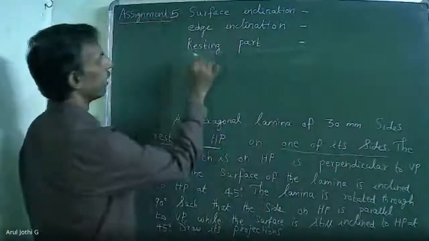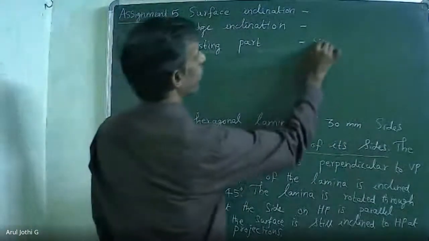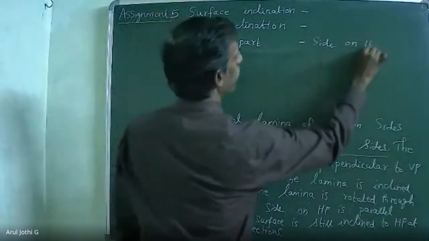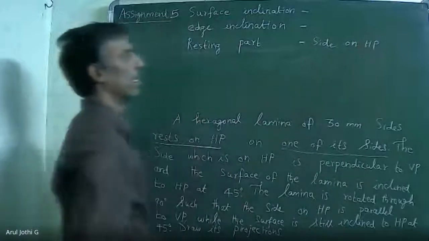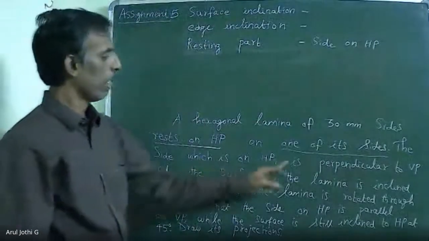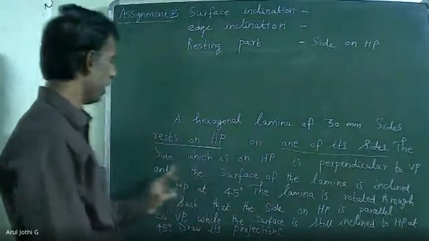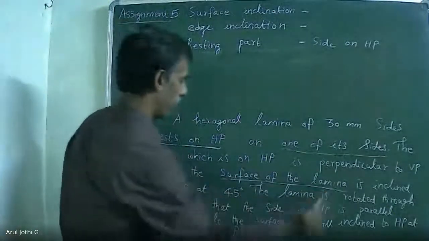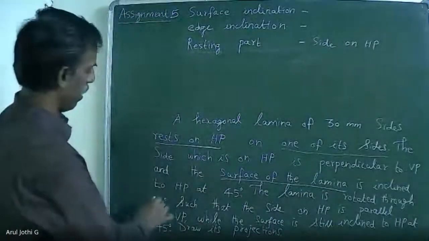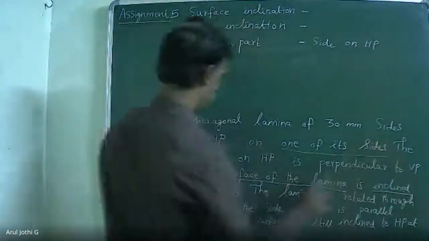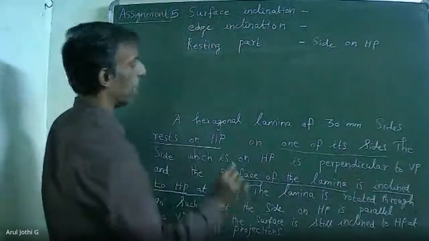The resting side is resting on HP and is perpendicular to VP, and the surface of the lamina, the surface of the plane, is inclined to HP at 45 degree.